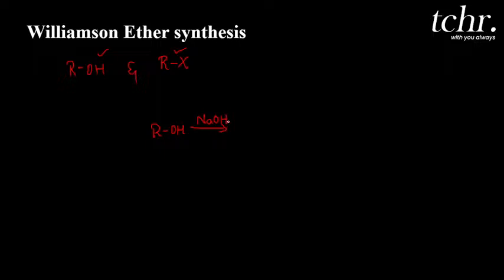So what happens when we treat alcohol with NaOH? The strong base OH minus can grab this proton. Cleavage of the bond between O and H takes place, and the OH minus grabs this proton and goes out as H2O, and we get a product RONa, which is generally known as sodium alkoxide.